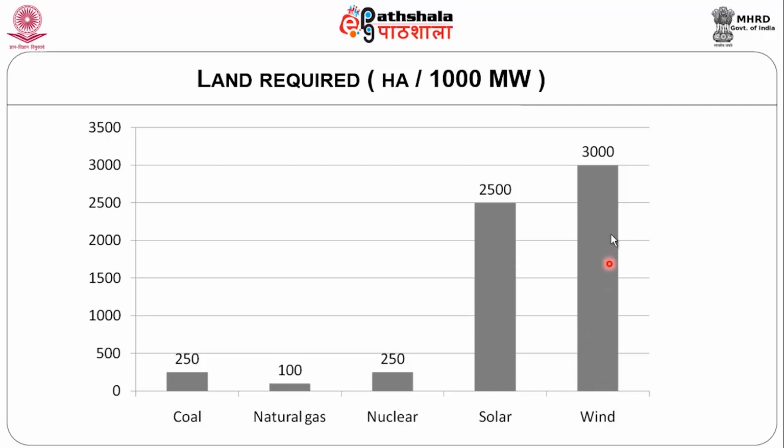Wind, of course, needs more land area when compared with other technologies. For 1000 megawatt of installed capacity, it requires 3000 hectares of land, but it is not wasteful. Underneath the wind turbines, we can do agriculture and cultivation without wasting the land.